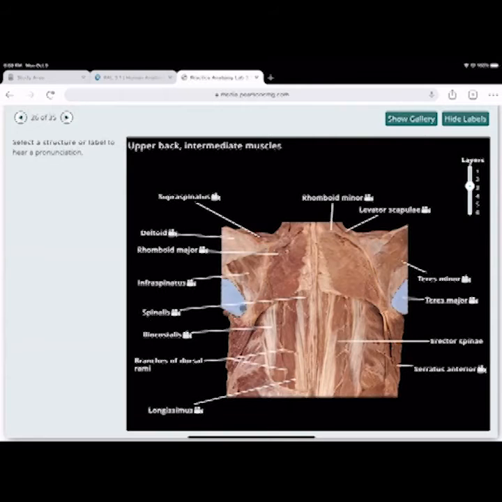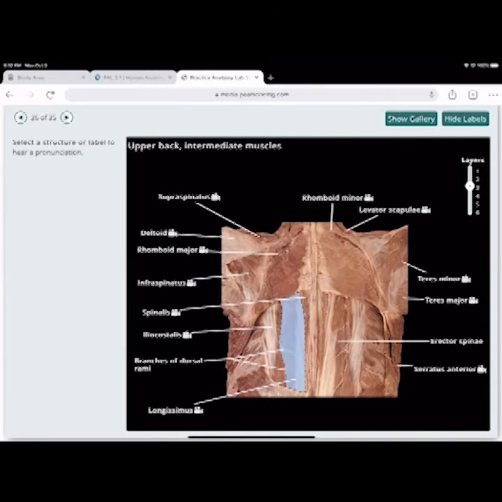Spinalis muscle. Runs right along the spinal cord. Iliocostalis muscle. Branch of the dorsal rami. Those are the nerves we talked about. And longissimus muscle.